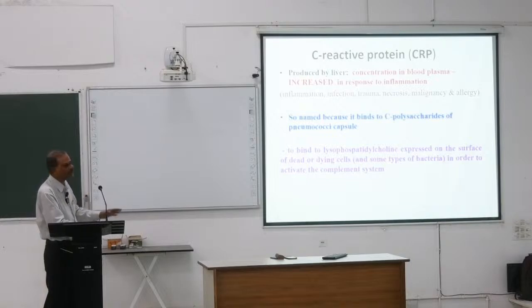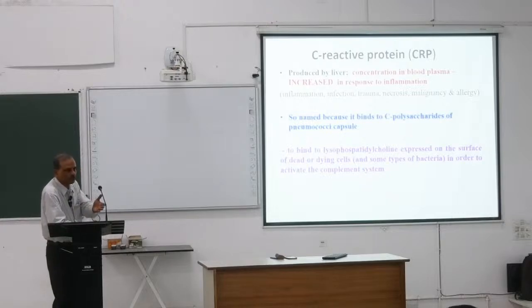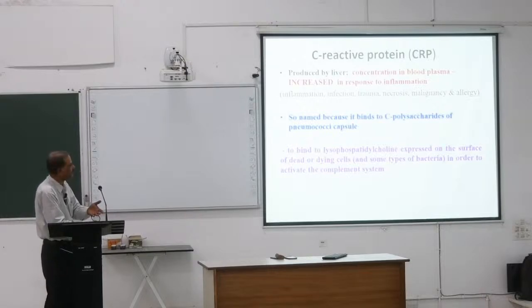With any cause of inflammation, you will get a C-reactive protein increase. Commonly it is done for infection, because if there is trauma you know the history and can monitor it. Necrosis you cannot always diagnose, but the most common indication for C-reactive protein is active infection.